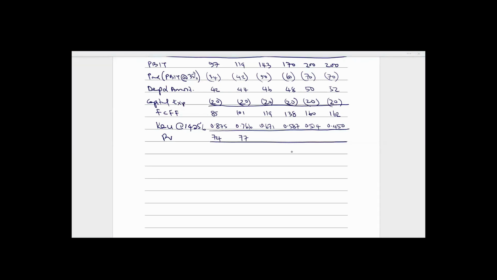Year 3, 119 multiplied by 0.671 equals 80, rounding. 138 multiplied by 0.587 equals 81. Next, 160 multiplied by 0.514 equals 82. The last one, 162 multiplied by 0.45 equals 73. So I need to calculate the present value from year 1 to year 6.